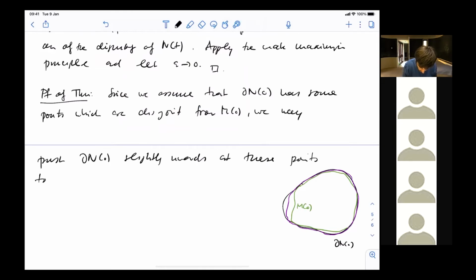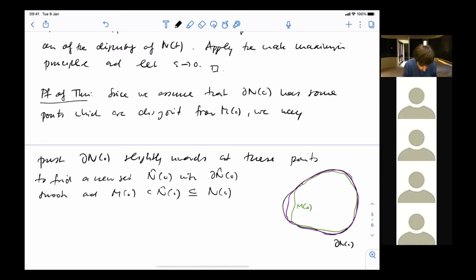To find a new set N hat of 0 with ∂N hat of 0 smooth, and M(0) is contained in N hat of 0, but thus it's not equal to N(0). Then what we do is flow ∂N hat of 0 by mean curvature flow. It will remain smooth for a short time.